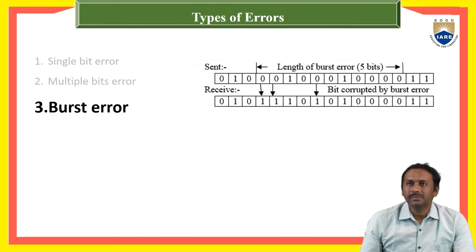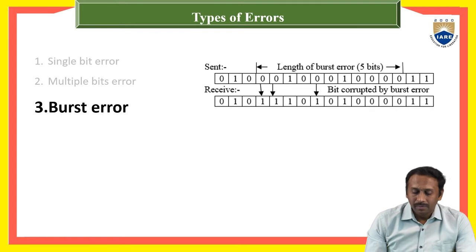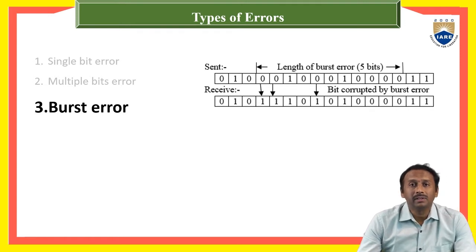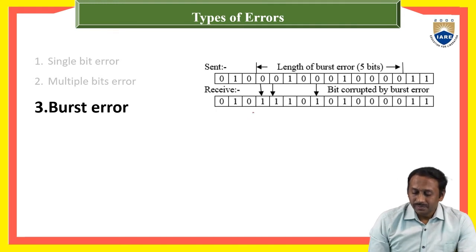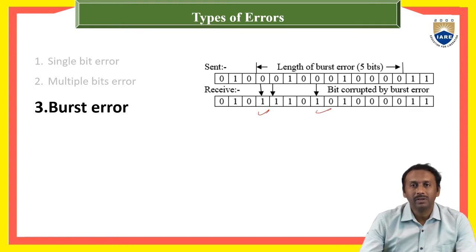For example, consider the length of the error. How do we find the length of the error? In a burst error, we take the starting bit and ending bit. Assume that this is a complete frame.